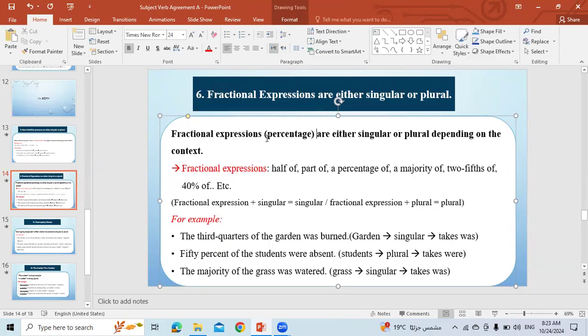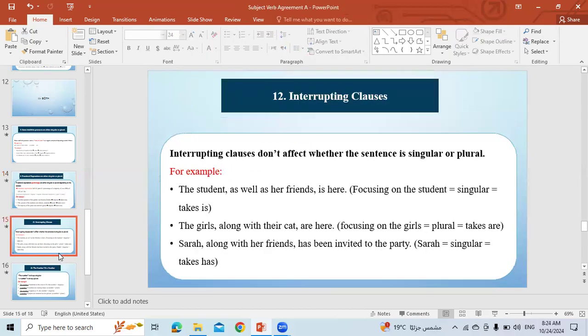Whenever you have a percentage, you look after it. If the percentage is followed by a singular, then it's singular, like this rule: the three quarters of the garden was. This fraction was followed by the garden, so was. 50% of the students were. After 50%, we have students, plural, so we write were.